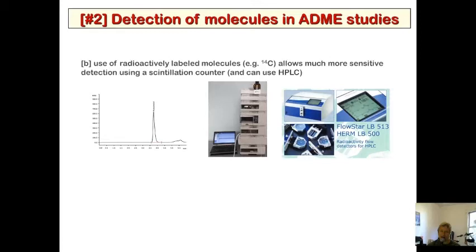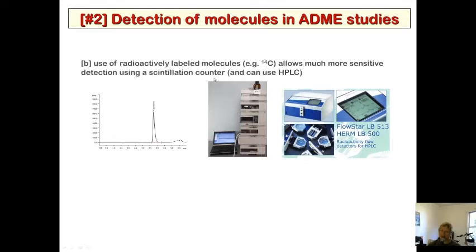Okay, so then the other idea is we can use a radioactively labeled molecule. There are different radioactive isotopes we can use. C14 is one of them. We'll talk a little bit more about C14 in this lecture, but it allows a much more sensitive detection using a scintillation counter.